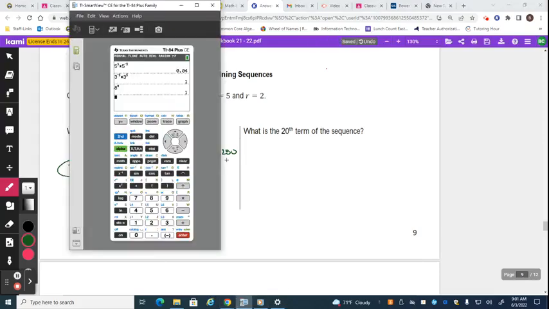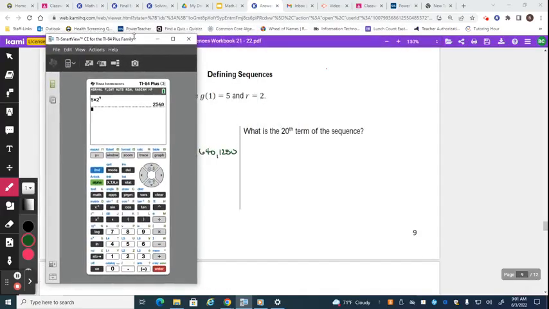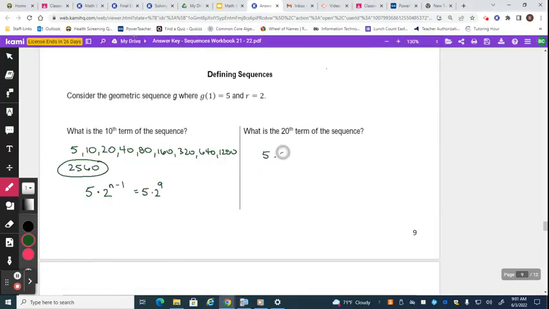So if I put that in, we do get 2,560. Just a lot quicker of a way. So for the 20th term, if I start with 5, I'm going to multiply 2 to the 19th power.